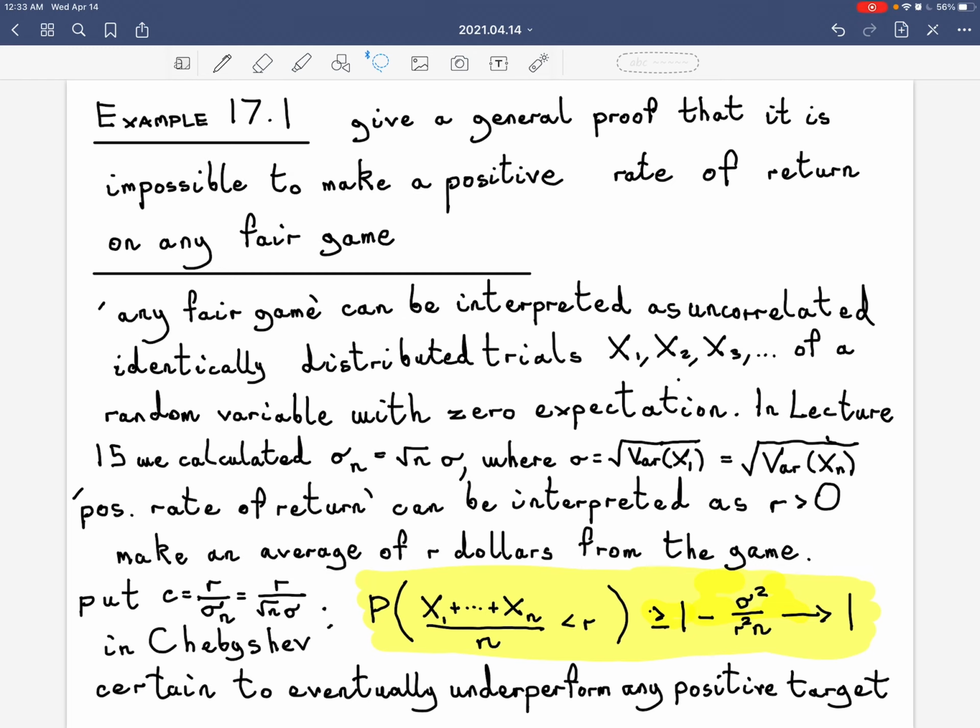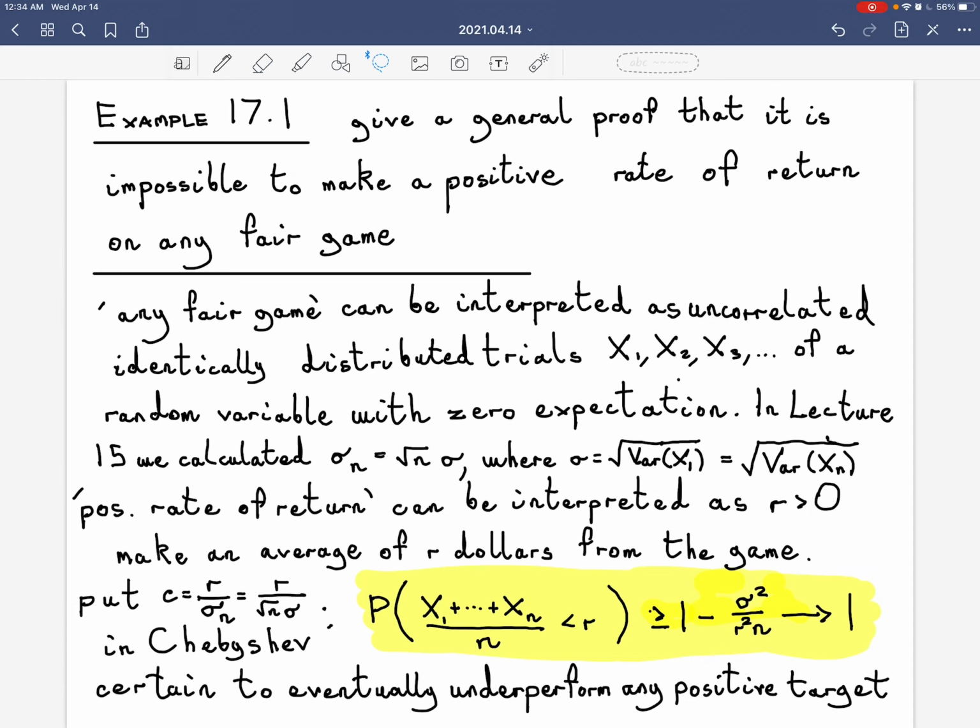So once you have a fair game, then you get this nice interpretation where the random average is just expected to be very small, and what's implied by Chebyshev's inequality is approximate certainty of the average being really small.